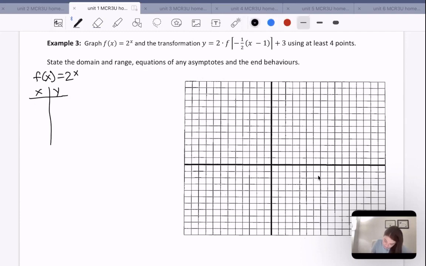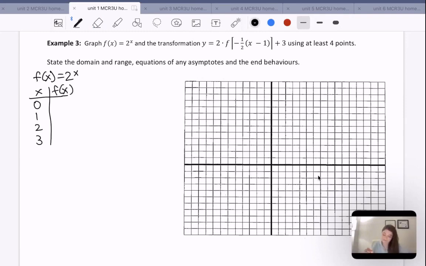No, maybe not a half, actually. Let's do 0, 1, 2. Yes, that sounds good. 0, 1, 2, 3. Okay, or we could do a half in there as well, but that wouldn't add much value here.